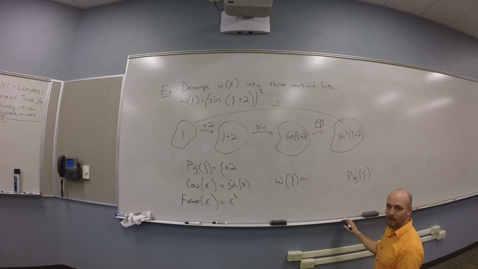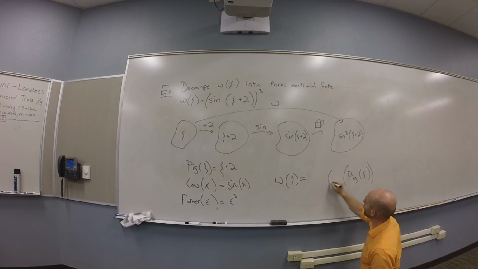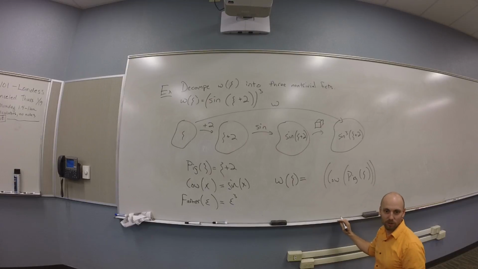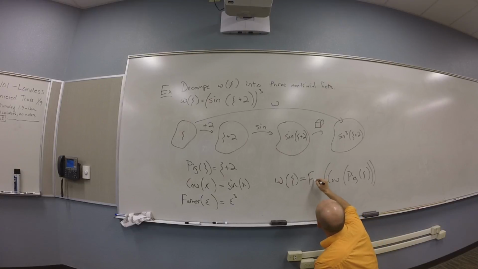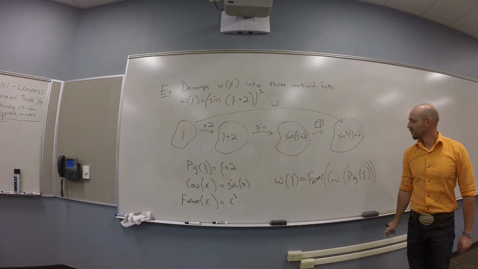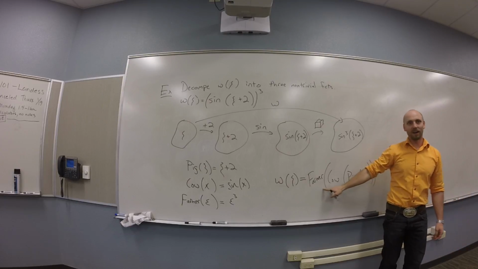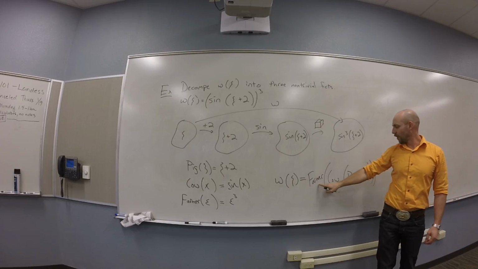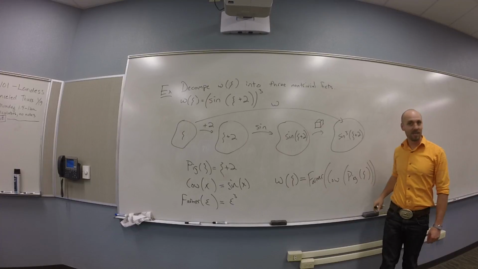Then what am I doing to the output of pig? I'm doing cow to the whole thing. And then what am I doing to cow of pig? Farmer, right? So if we were going to read this thing, we'd say we have farmer of cow of pig of Cassie.